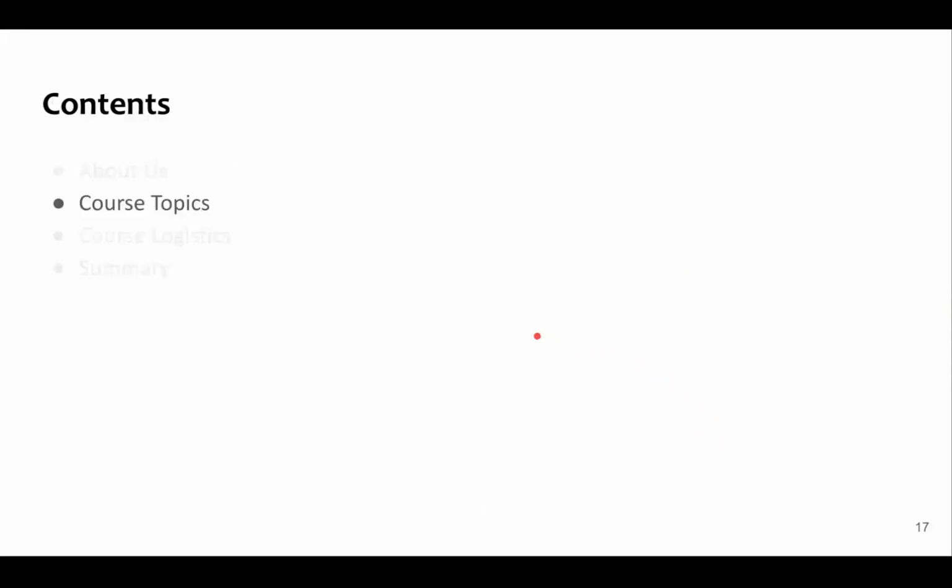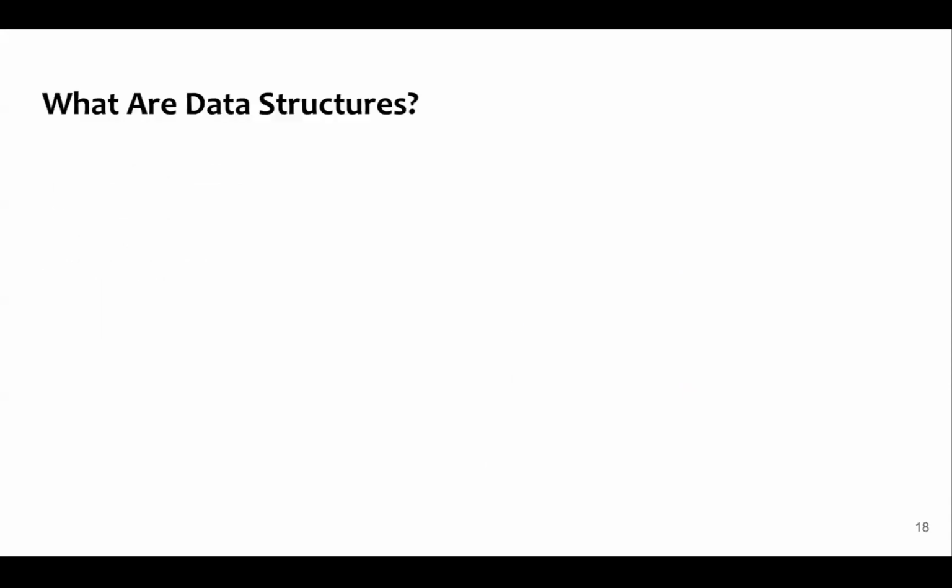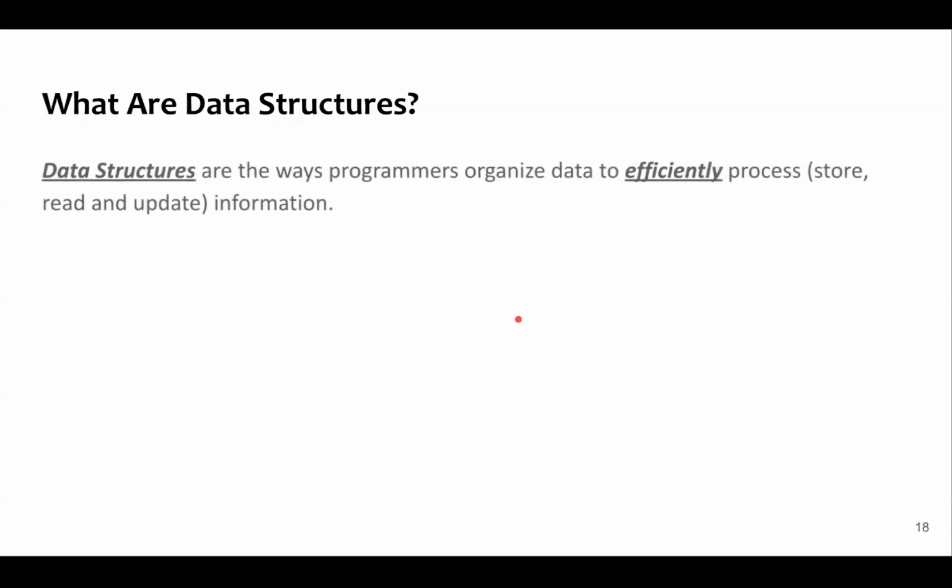Okay. The next topic we're going to talk about is course topics. By the way, what are data structures? This course is a data structures course. Data structures are the way programmers organize data to efficiently process information.